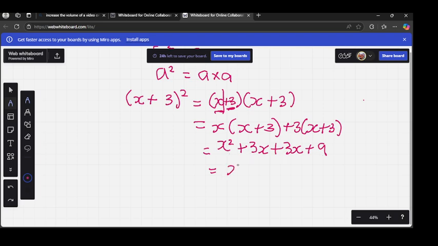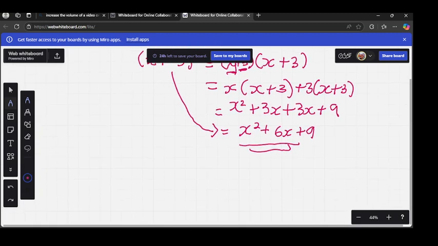Now, 3x plus 3x are like terms, so I will add them, plus 6x, plus 9. I've expanded this. So (x + 3) squared gives me x squared plus 6x plus 9. I hope that was clear.